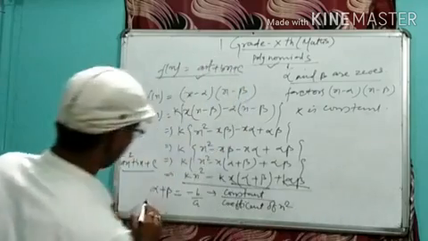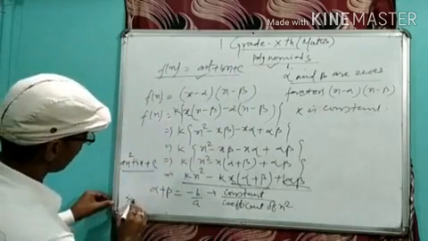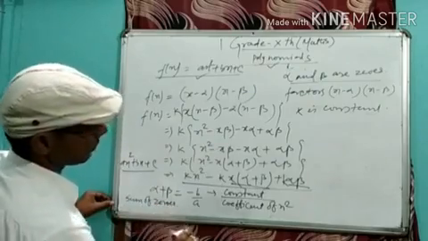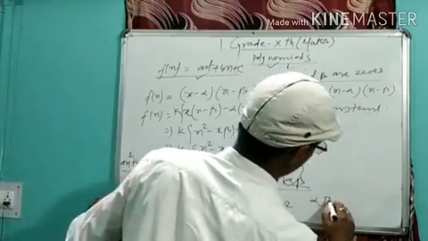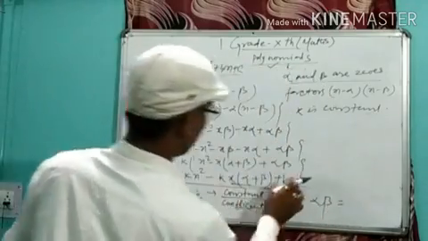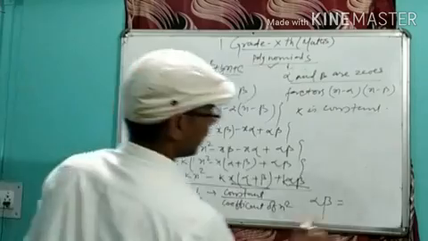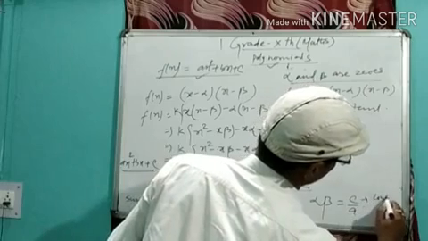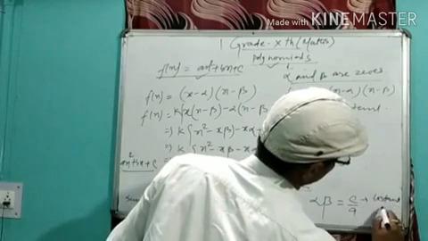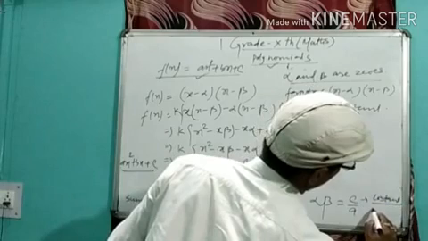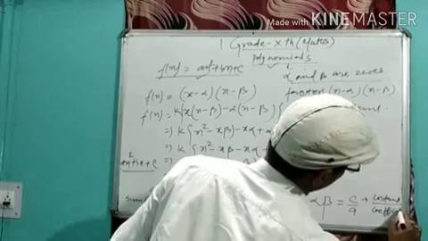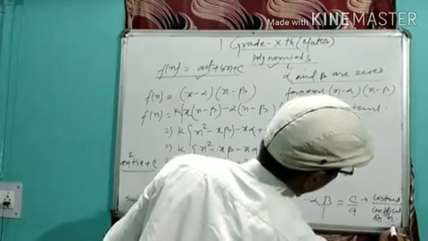Now this is the sum of zeros. And here is the product of zeros, alpha into beta, which is c by a, the constant term divided by the coefficient of x square.